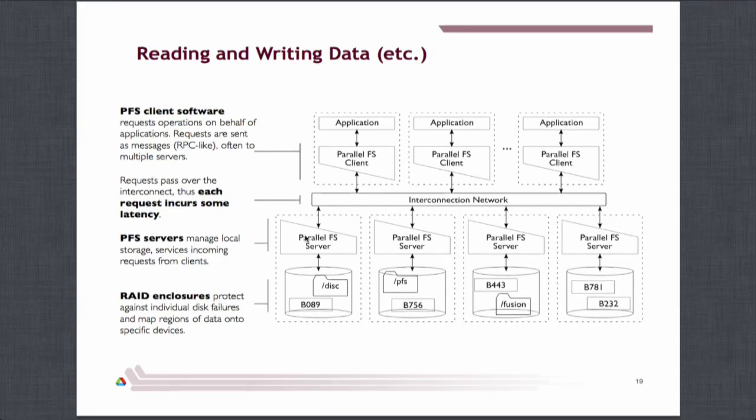It could be anywhere from 32 to a few hundred file servers, depending on the HPC system you're working on. And then each of those servers has some local disk arrays attached to it, which is where the bytes ultimately end up. That's the idealized picture: you have a lot of clients, you have a lot of servers, there's a network connecting them, that's it.